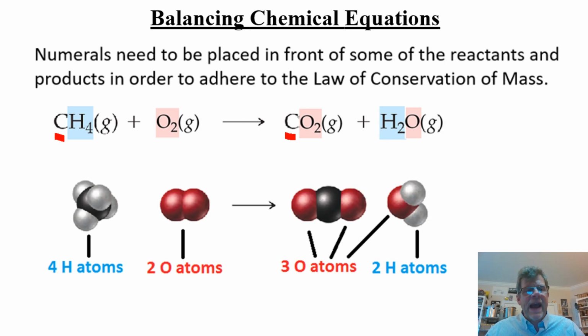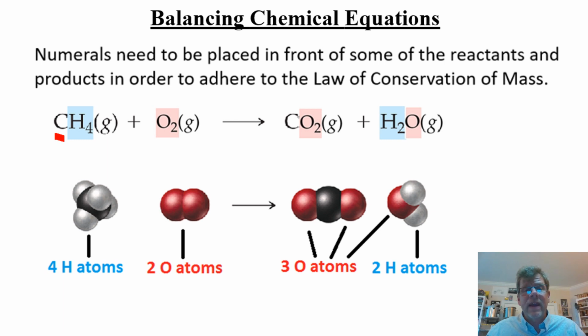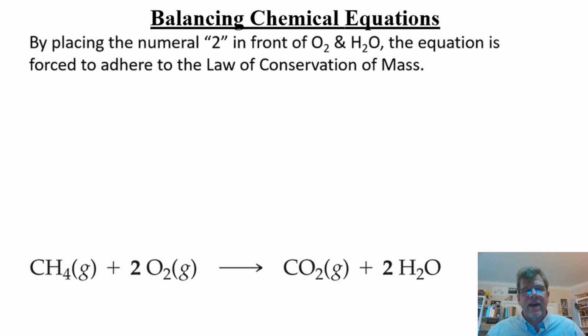On the left-hand reactant side of this, we have 4 hydrogen atoms and 2 oxygen atoms. But on the product side, we have 3 oxygen atoms and 2 hydrogen atoms as written. So this is a problem. We cannot have a chemical equation of reaction which does not adhere to the law of conservation of mass.